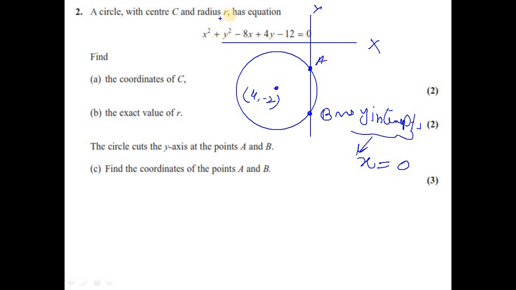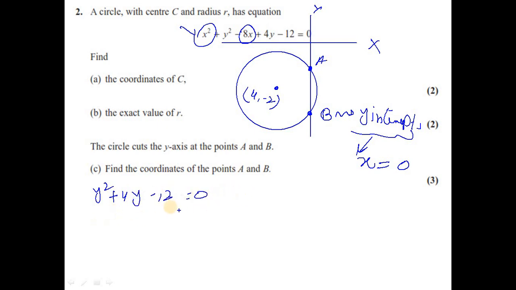Put x equal to 0 in the given equation here, or the equation that you transformed, it's up to you. If you put x equal to 0, this term is gone, 0 square, and minus 8x is also gone. So you have y square plus 4y minus 12 equal to 0.